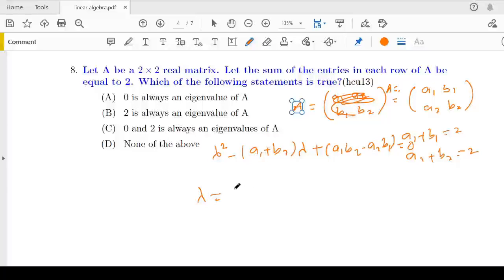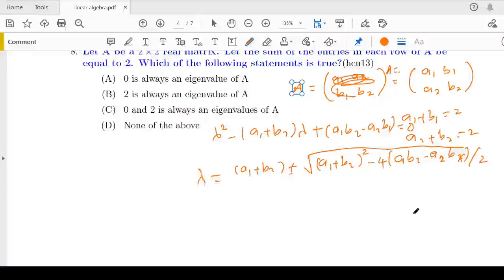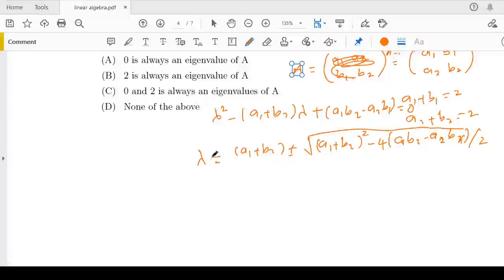Therefore, the roots of the quadratic equation are (a1 plus b2) plus or minus the square root of (a1 plus b2) whole square minus 4 into (a1 b2 minus a2 b1), whole divided by 2. We have to calculate this value under the root.